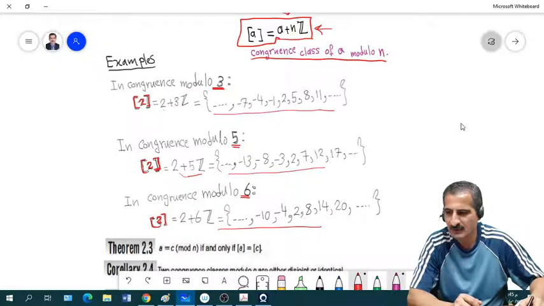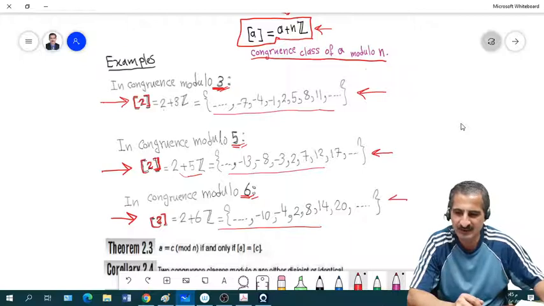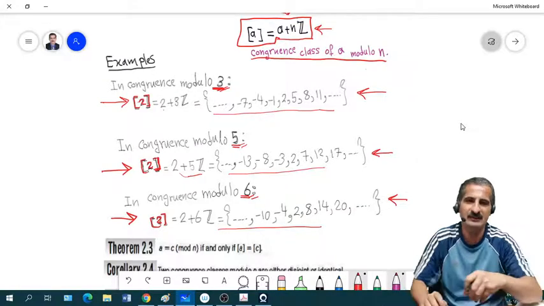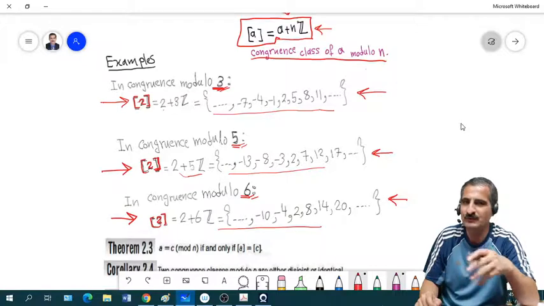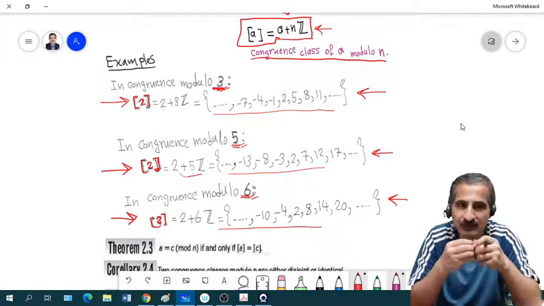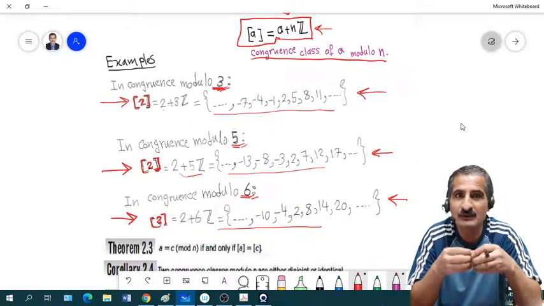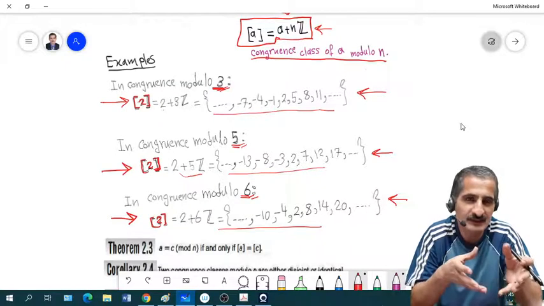Now look here: this is the equivalence class of 2, the equivalence class of 2, the equivalence class of 2, but with respect to a different modulo each time. This gives different sets. This set is different from this and different from this. What I want to say here is that the congruence class of 2 modulo 3 has nothing to do with the congruence class of 2 modulo 5, and also nothing to do with the congruence class of 2 modulo 6, and so on.